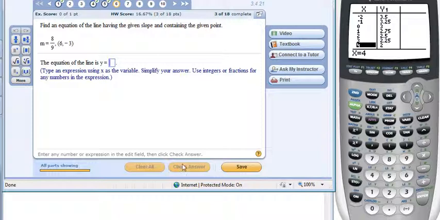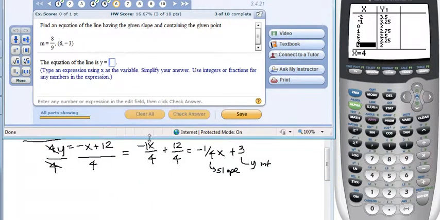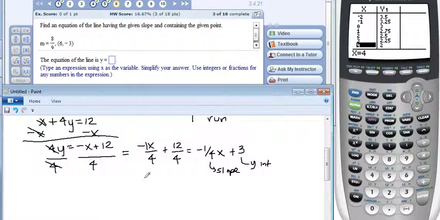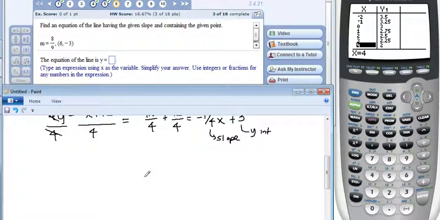Alright, so now we're going to go back to more of an algebraic kind of thinking here. We've been given the slope and just a random point, okay? So again, we have to use this. Slope, y-intercept, that's all I need. I've been given the slope.